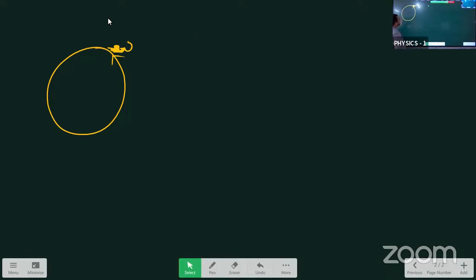Now the circular path. This is the circle. Here one particle is moving with omega angular velocity in a circular path.